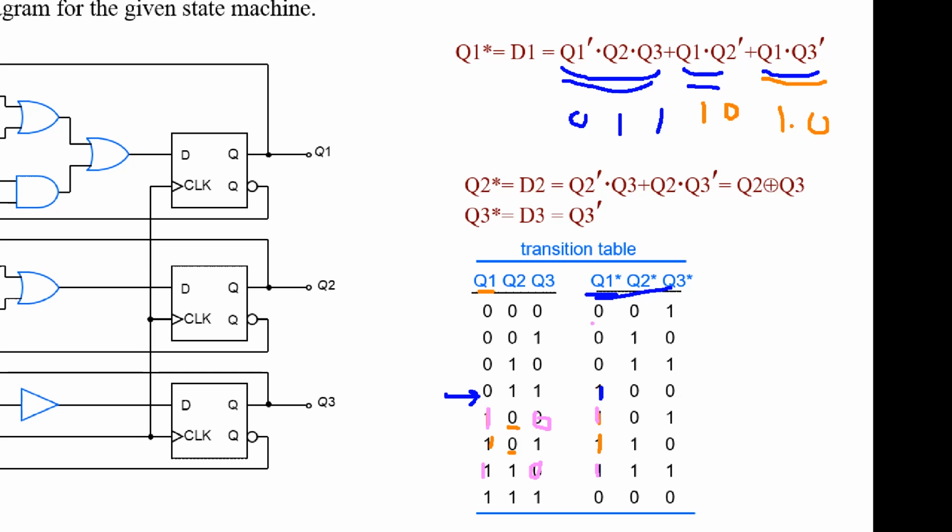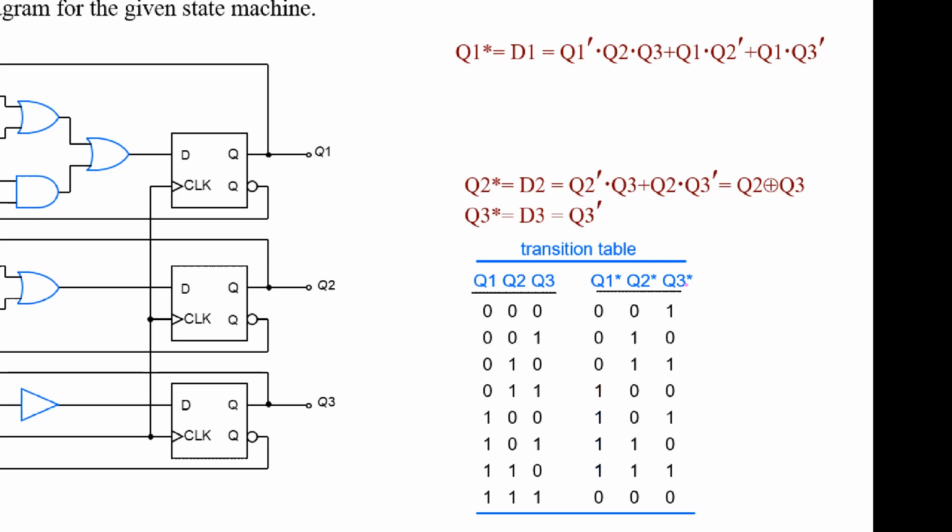So you can find the logic 1 to be solved. And for another place that you don't fill, it is 0. For Q2 star and Q3 star also, you can use this technique to complete the transition table.